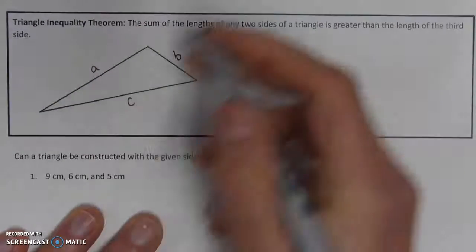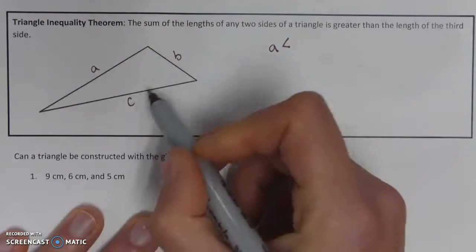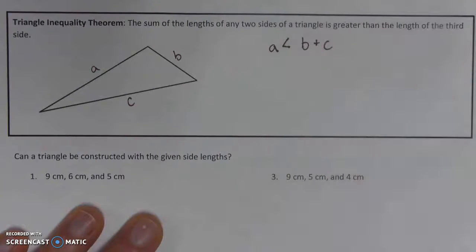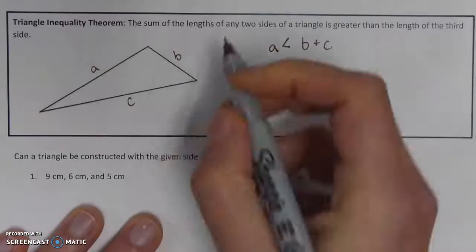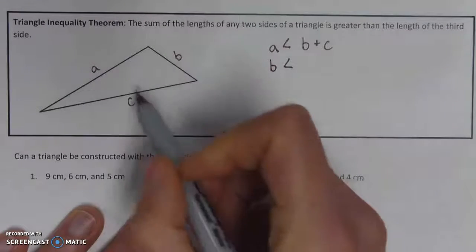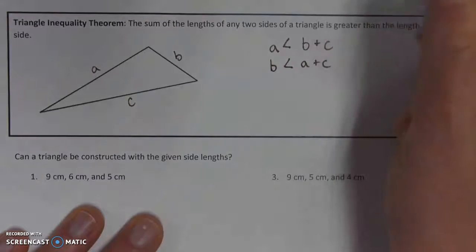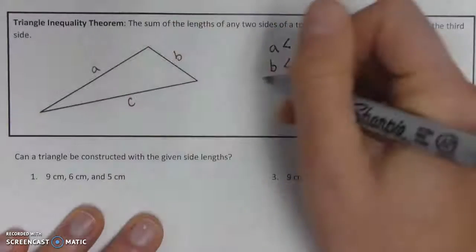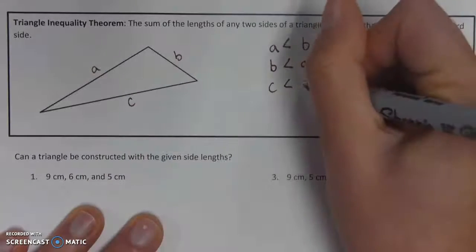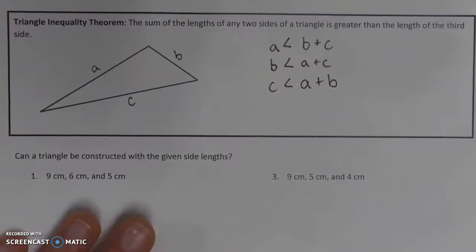I know that this side A is going to have to be smaller than the combined length of B and C. So that means that A is less than B plus C. We also know that if we focused on B, it would also have to be less than the combined length of the other two sides, A plus C. And last but not least, our third side, C, would have to be smaller in length than the combined distance of A plus B. So that means we're going to have these three inequalities to work with.